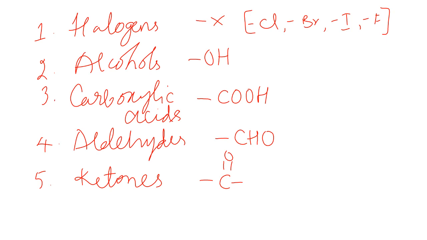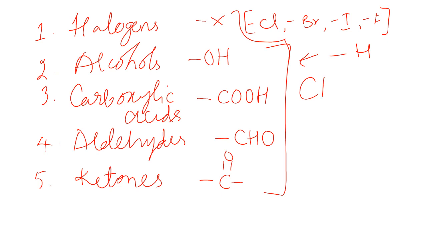So we will study more about these functional groups and a number of members present in these families. You can get any member of these families by replacing hydrogen atoms with these functional groups.